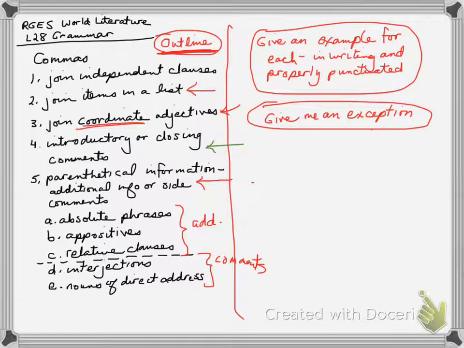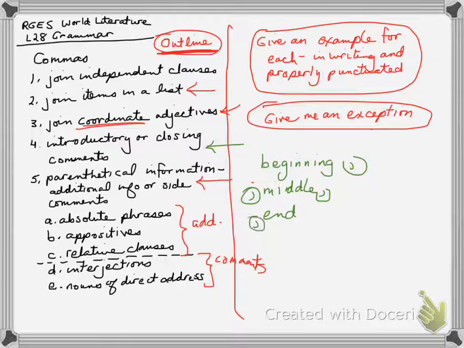For many of these things, like this parenthetical information, it could be placed at the beginning, in which case the comma will follow, in the middle, in which case the commas will surround, or at the end, in which case the comma will precede. That's probably fairly obvious, but notice position.